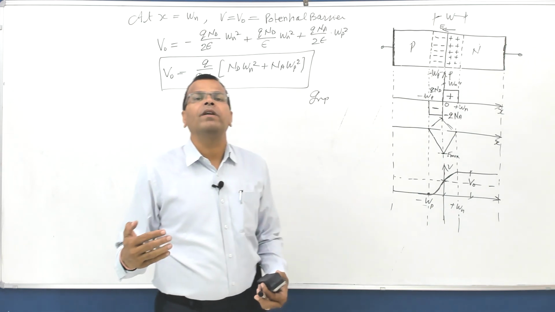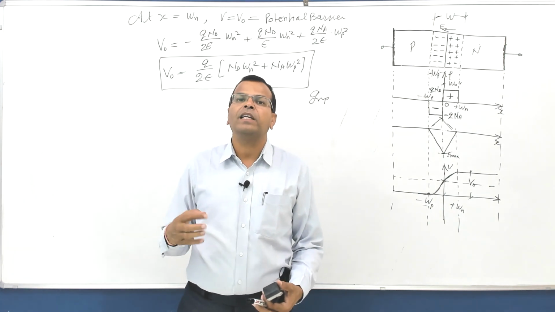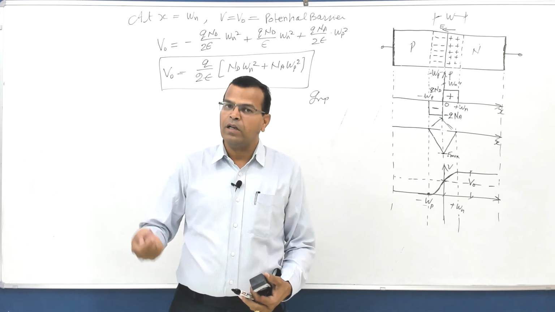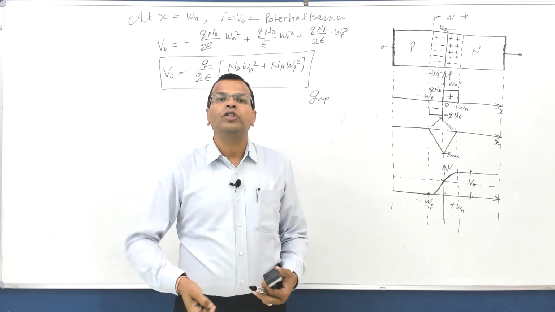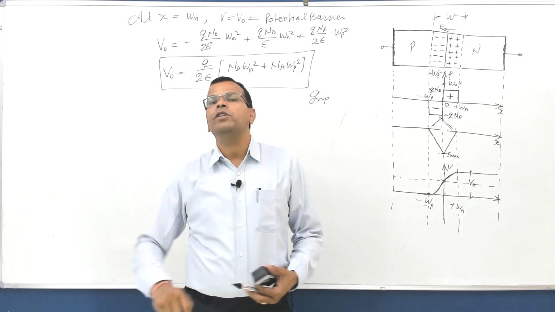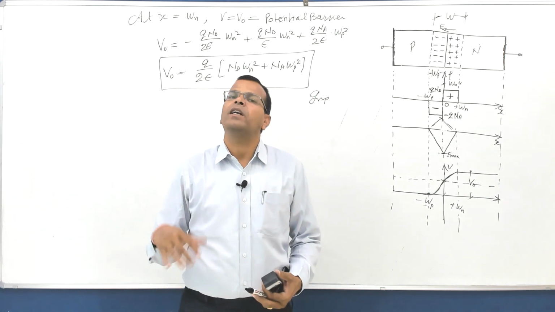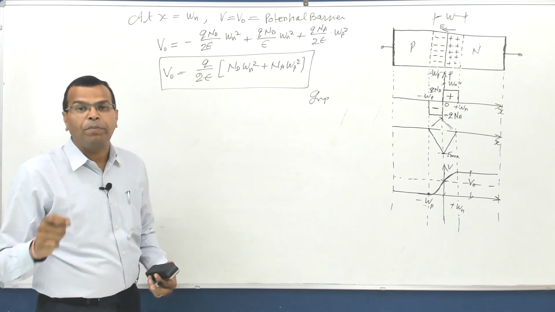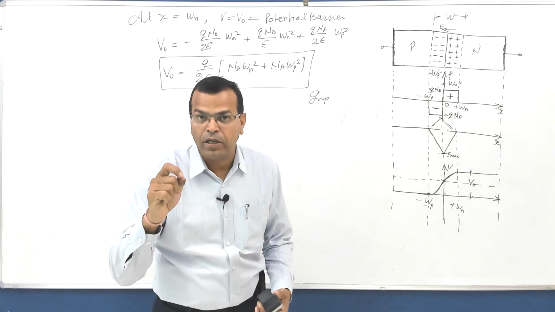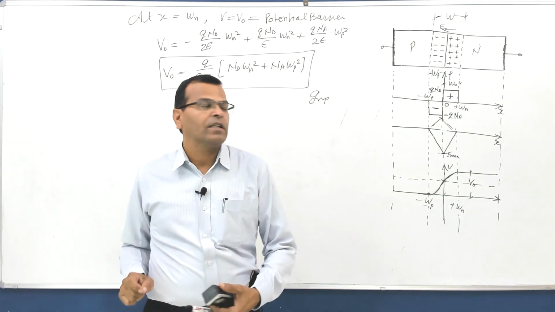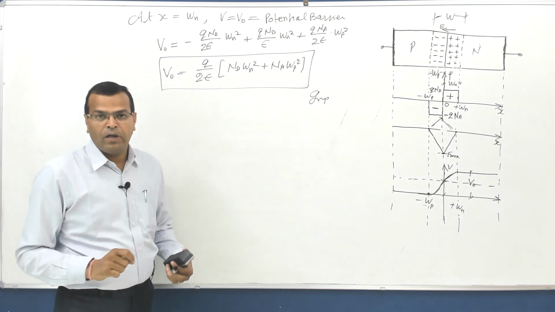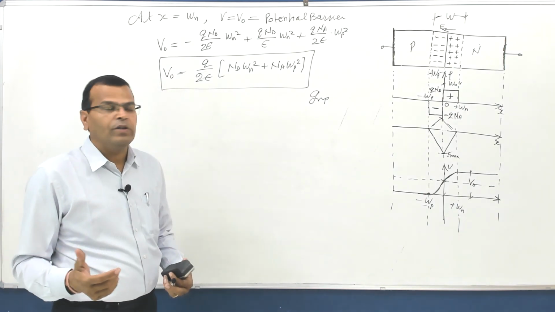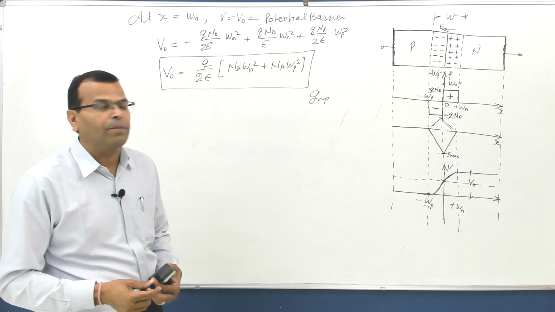I will cover the topic first under open circuited condition, under reverse bias conditions, then forward bias conditions, and then we will see the numericals which have appeared in GATE. This topic is very, very important as far as GATE is concerned, so there is always a possibility of a question on this topic in the GATE exam.